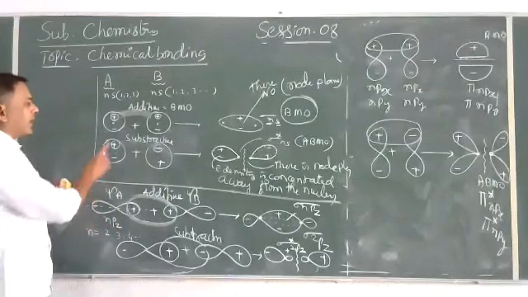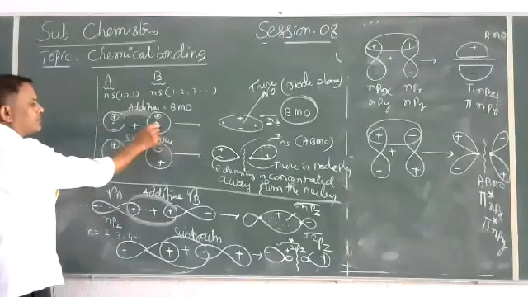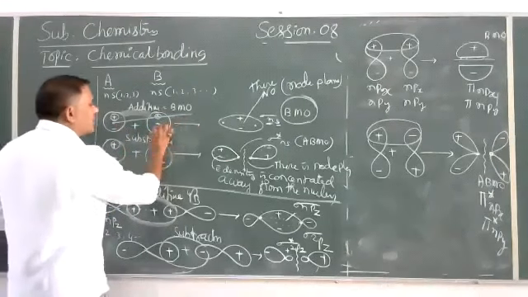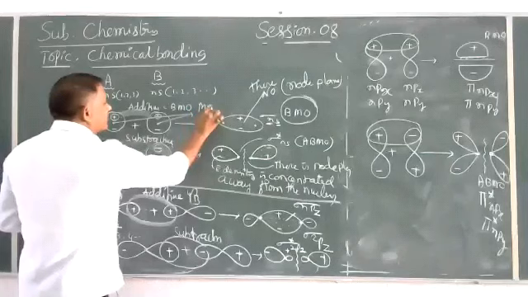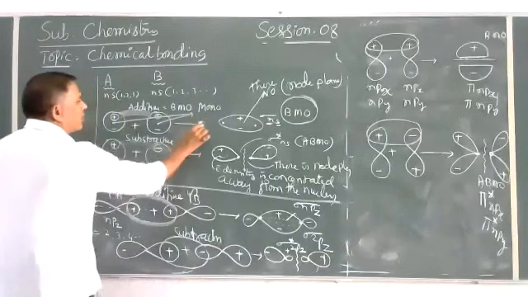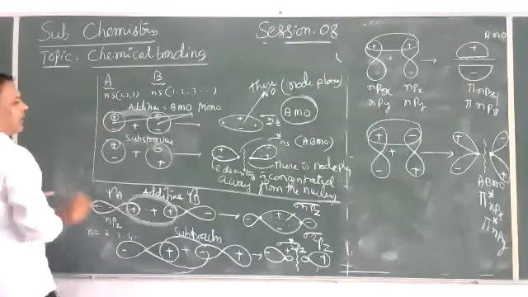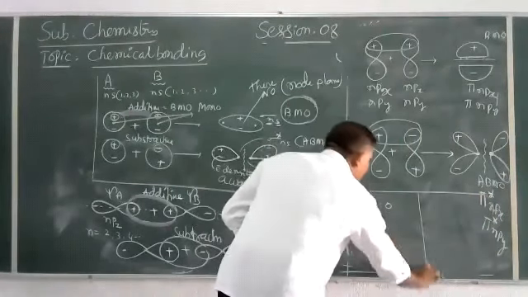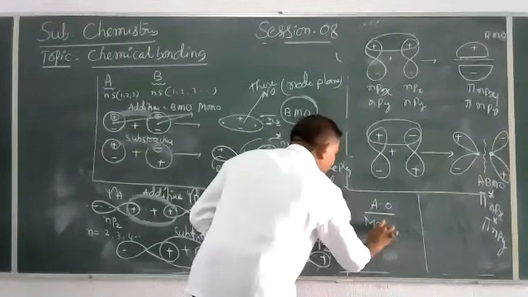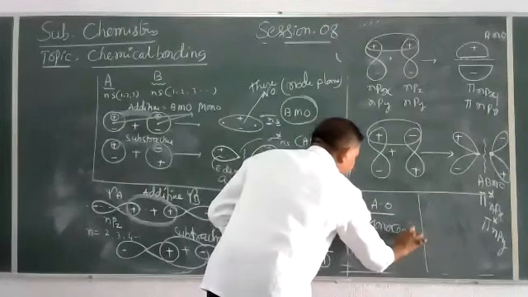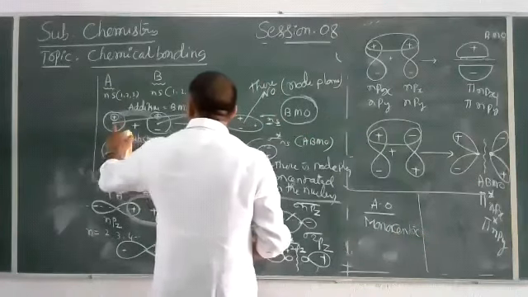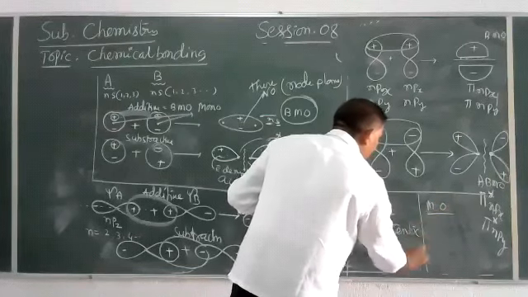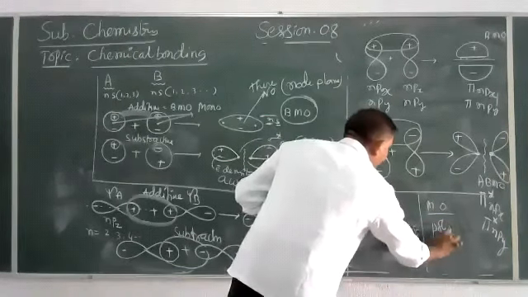Then on the basis of all these important points, finally, atomic orbitals, either s or p, are monocentric. Monocentric means each atomic orbital contains only one nucleus, whereas molecular orbitals are polycentric.